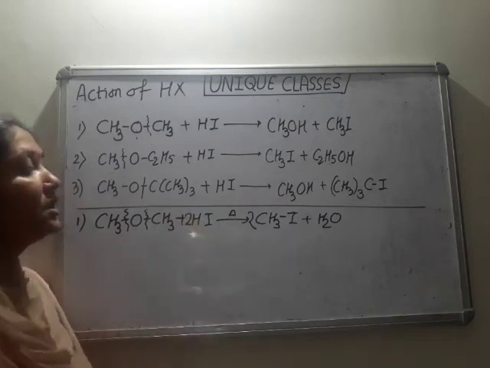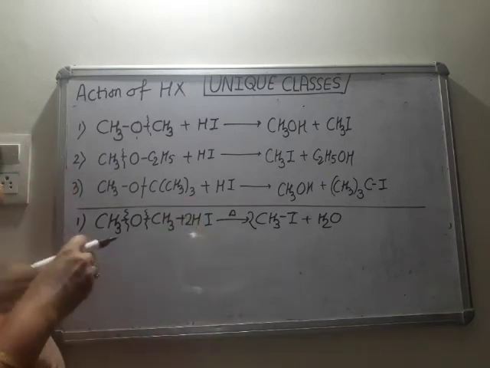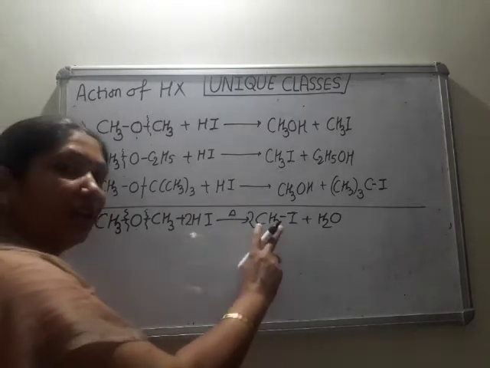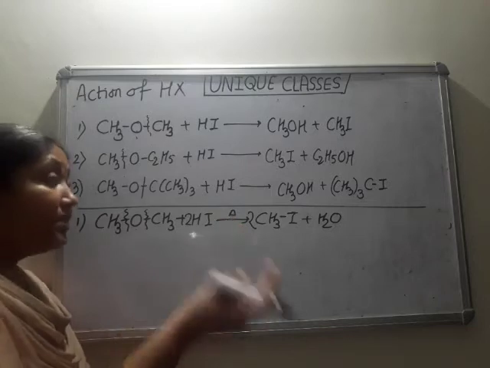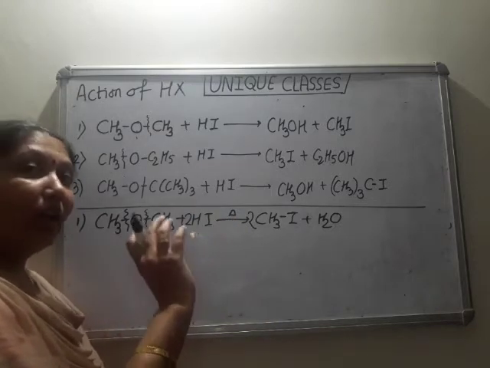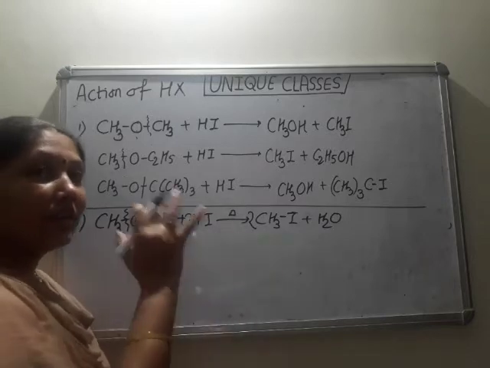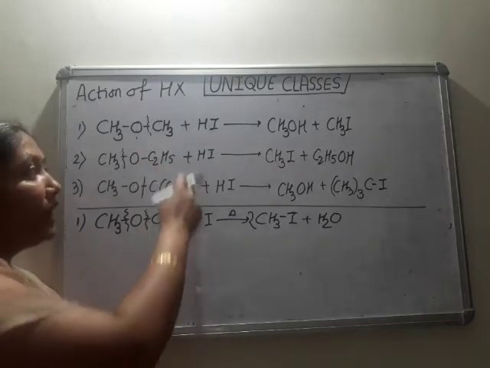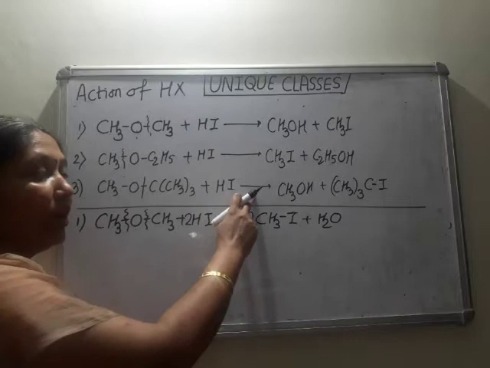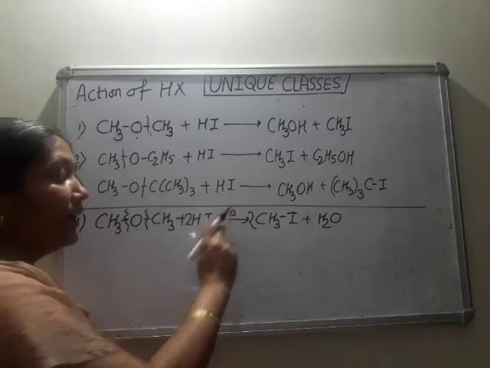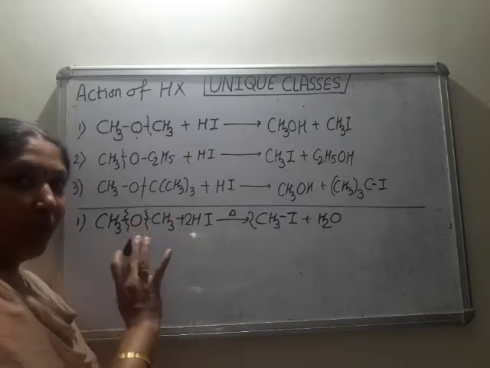Many times the question is asked, what is the action of hot HI on ether? Hot HI means we get only iodide. Instead of hot HI, they twist the question and ask, what is the action of excess of HI? If we compare these two reactions, in cold condition we use only 1 HI and at higher temperature we use 2 HI.